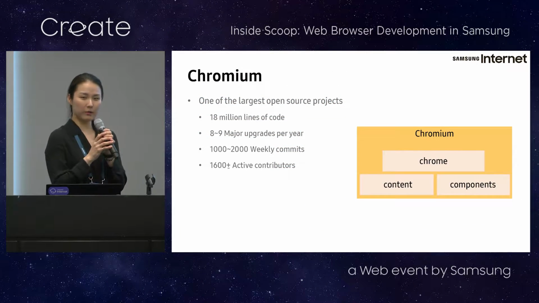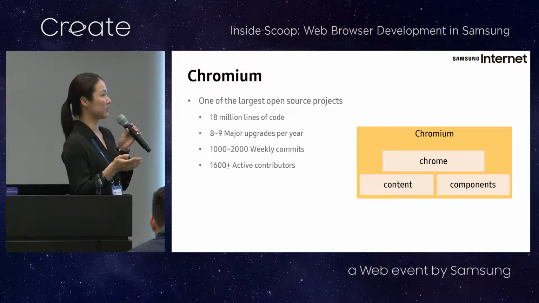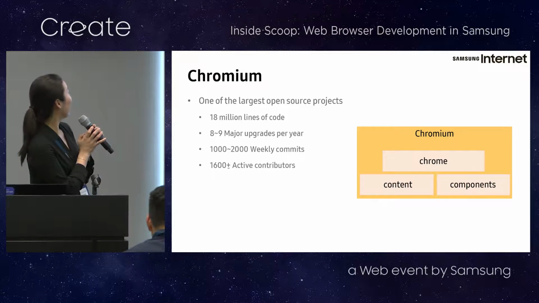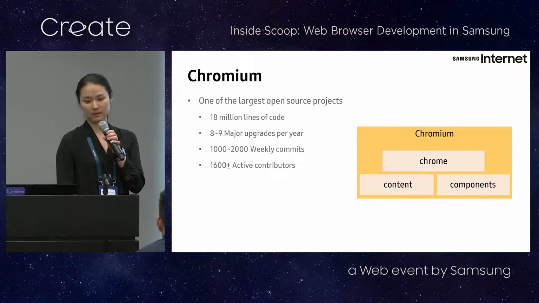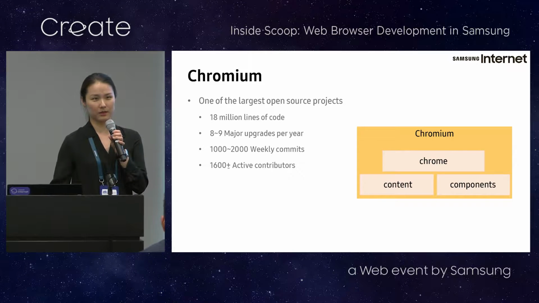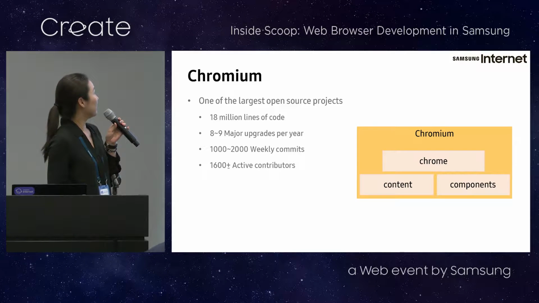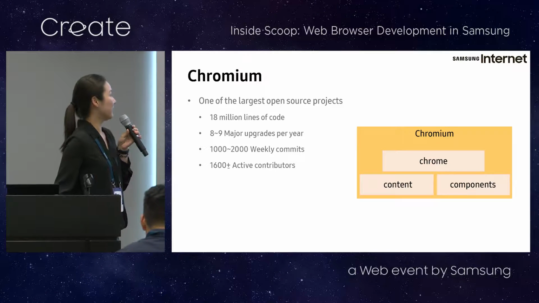So you probably already know a lot about Chromium, but just to share some brief facts. Chromium is actually one of the largest open source projects in the world. It's almost as active as Linux. And it consists of 18 million lines of code.